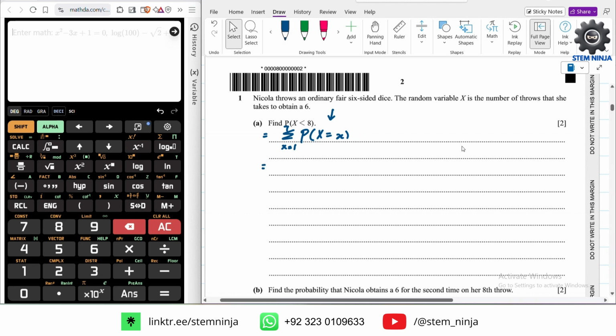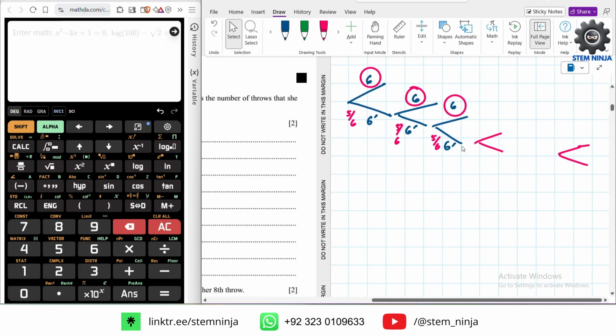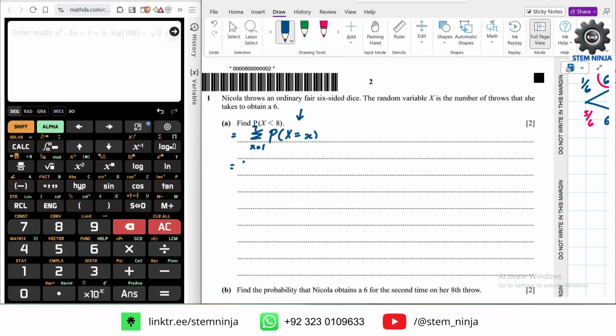So now we need to figure out a way to write this. For the first one, for x equal to 1, you will have 1/6. Then 5/6 times 1/6. The power on 5/6 will keep on growing, right? This is x equal to 3.